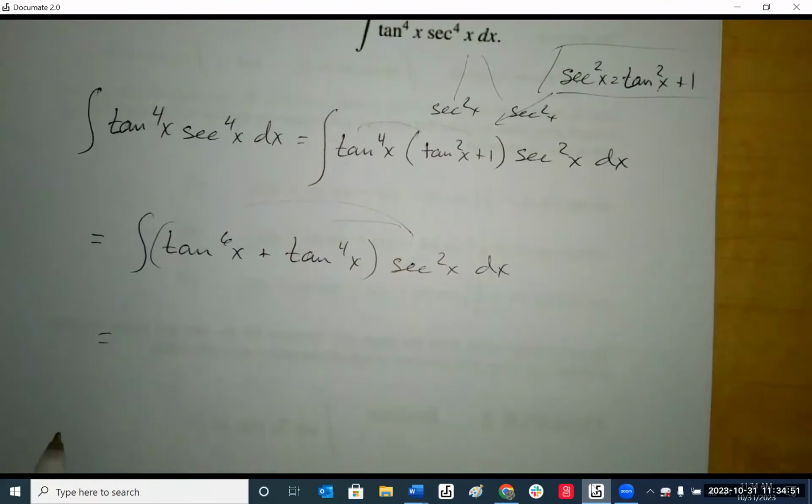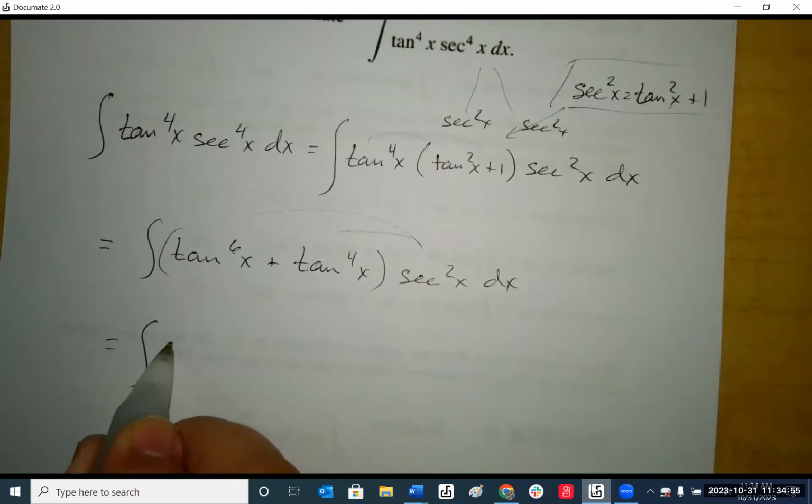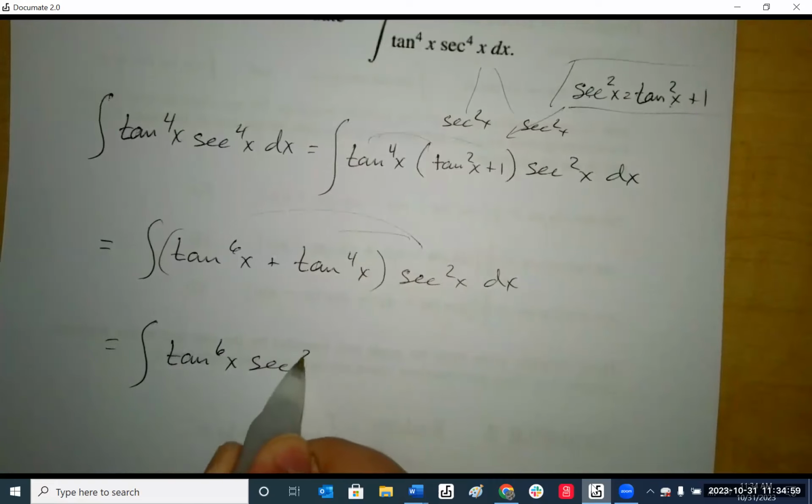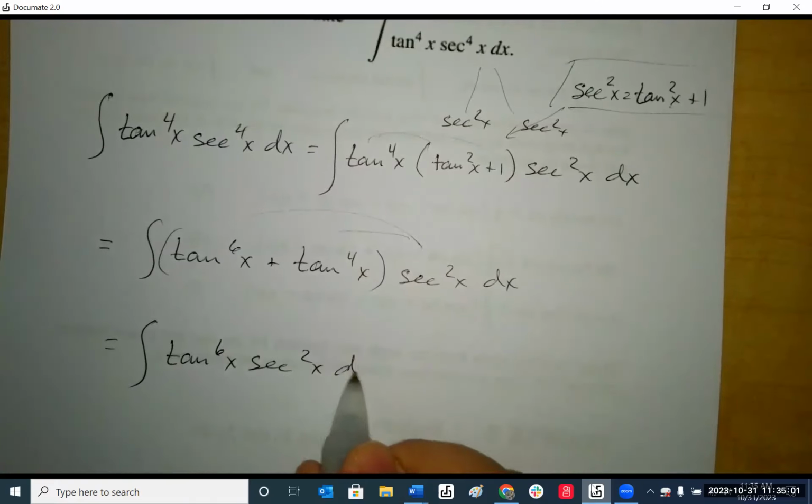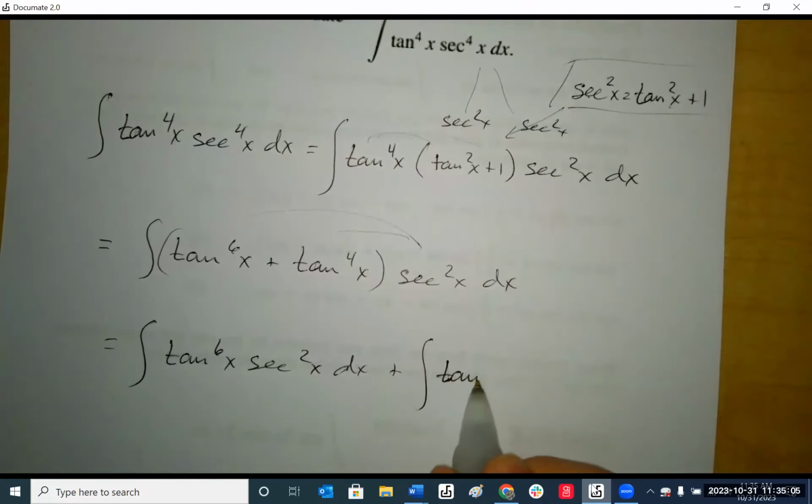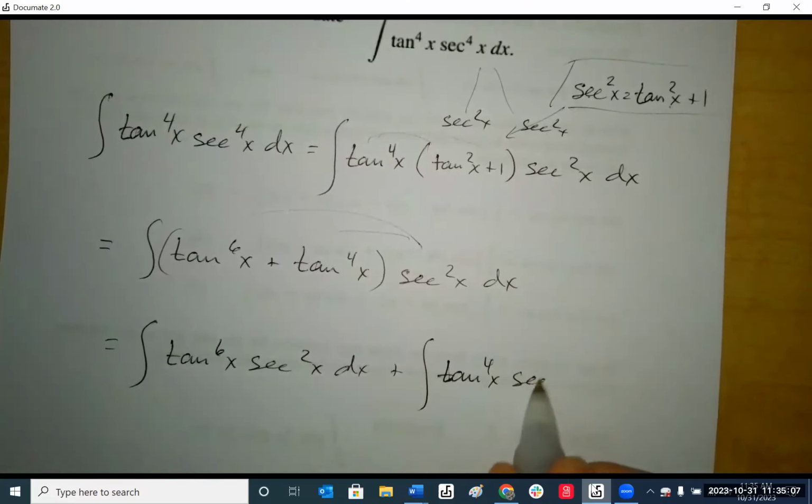Distribute those. Tangent 6th x secant squared x dx plus tangent 4th x secant squared x dx.